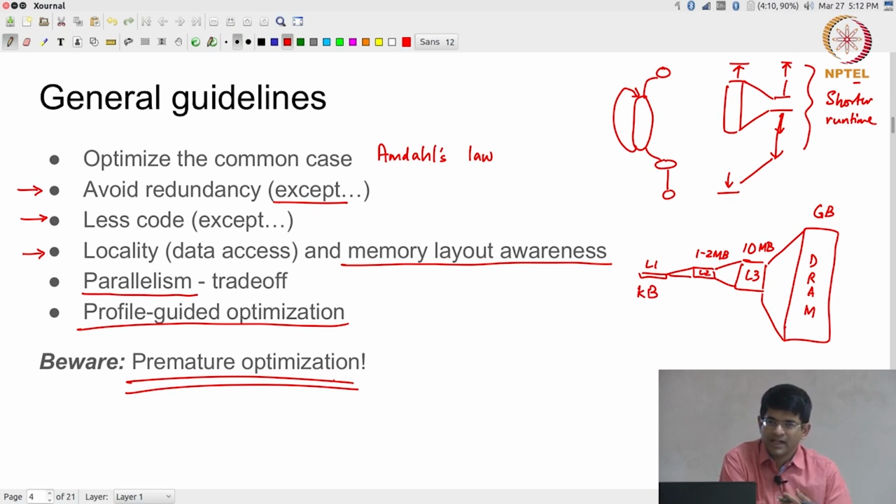Very often you think you are modifying your code in a certain way to improve it, but that unfortunately ends up making it harder for the compiler to apply other kinds of optimizations that it could have. By applying certain optimizations early on in the process, you might be preventing certain things that could be done later. So you should always keep that in mind. You need to actually understand the big picture. What is your overall code getting translated into before you start applying any optimizations?